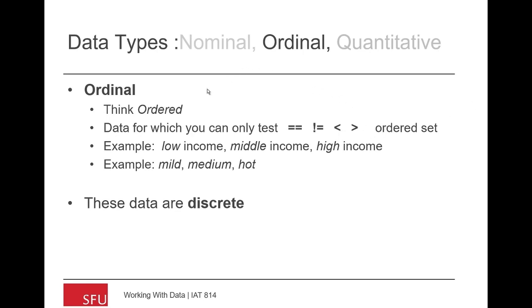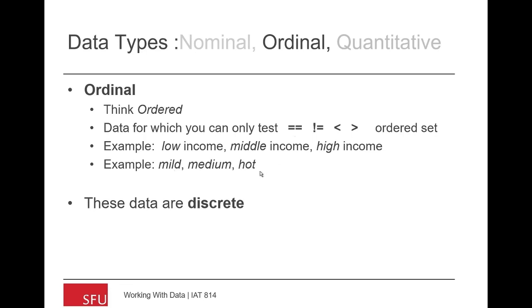Here are some examples: low income, middle income, and high income, the kind of thing you might see in an economics data set, or mild, medium, and hot that you might find in a restaurant that serves spicy food. Hot is more spicy than medium, and medium is more spicy than mild, and mild is not equal to medium, and medium is not equal to hot, but you can't multiply mild by 3 and get hot.